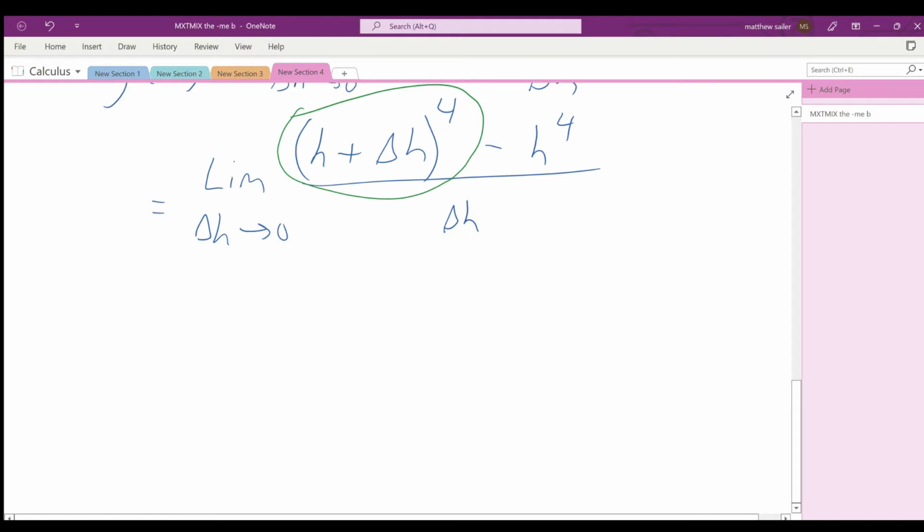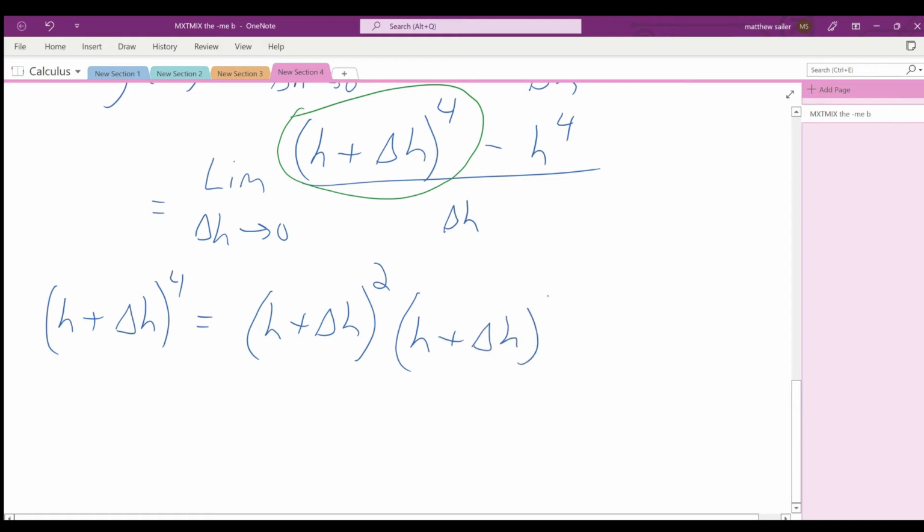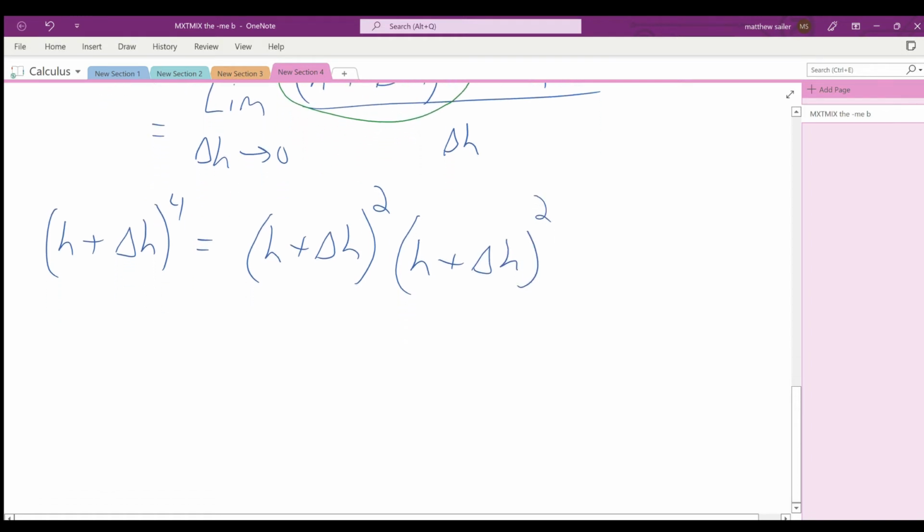Alright, so h plus delta h to the 4th is equal to h plus delta h squared squared, or h plus delta h squared times h plus delta h squared.